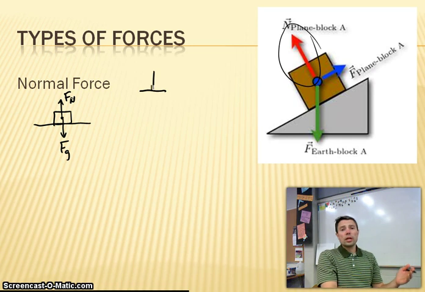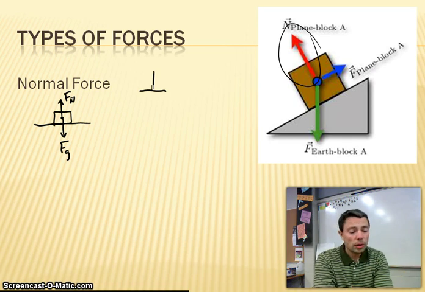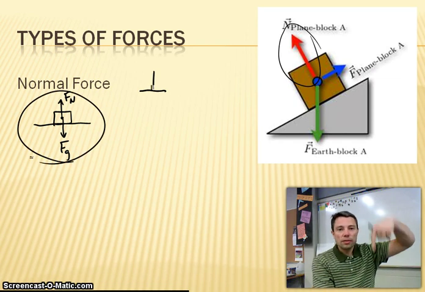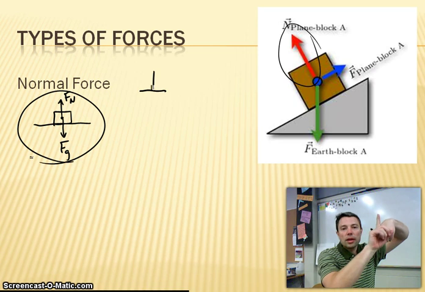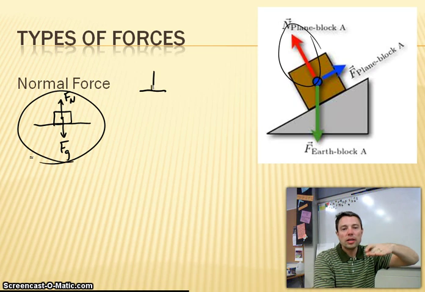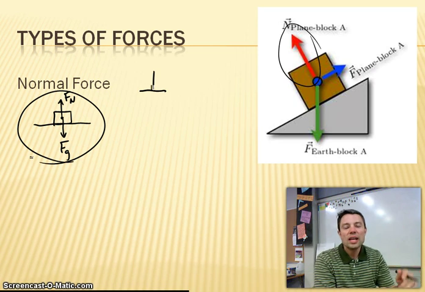Now, we're going to get into a little talk in a little bit about equilibrium and how these forces balance. But in a flat surface situation, like I just drew, the Fg acting down and the Fn acting up are equal and opposite each other, which means that my block doesn't go in that direction. It doesn't have that ability. It's just sitting there. It's at rest, okay?